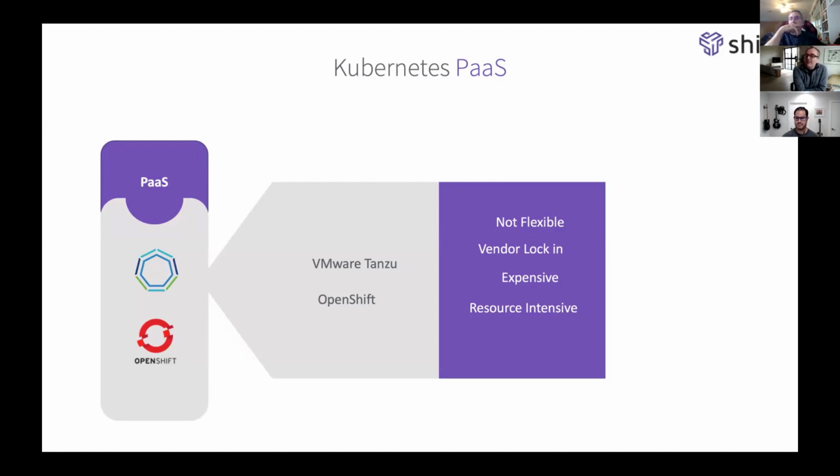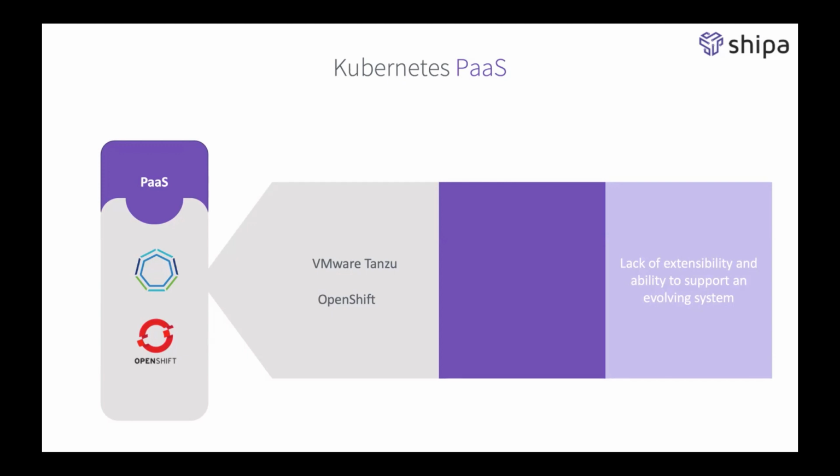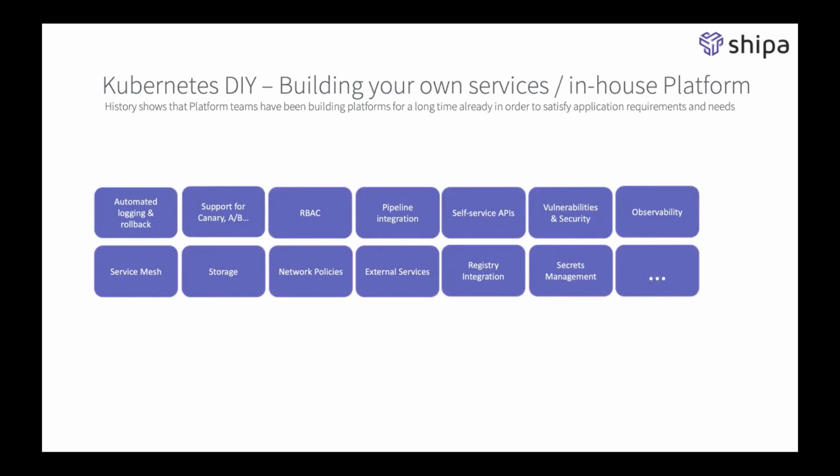You will have some vendor lock-in, and it's not really flexible because you're not actually running native Kubernetes. You're running a pre-described version of these tools. And you end up lacking the ability to extend support for other platforms, for other solutions out there as you see fit. So, for the most part, people go back to Kubernetes do it yourself.